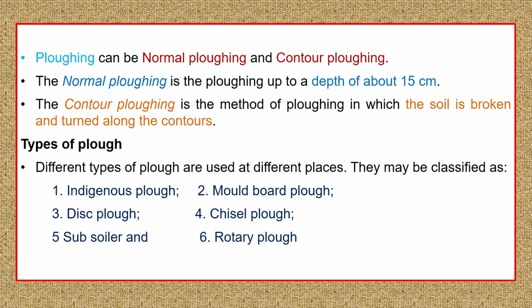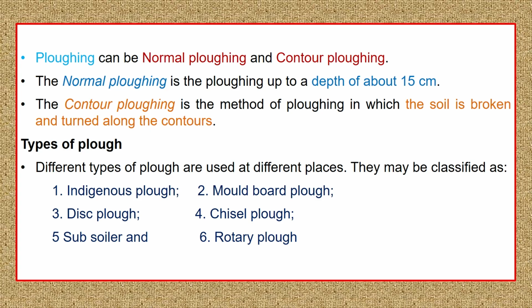Contour ploughing is a special type of ploughing where the soil is cut, the crust broken and the soil mass turned along the contours. As there are contour lines or slope in the land, according to that the soil will be cut, broken and inverted.